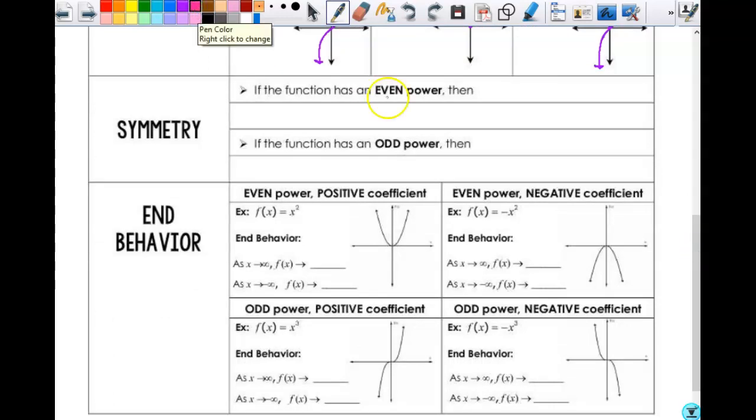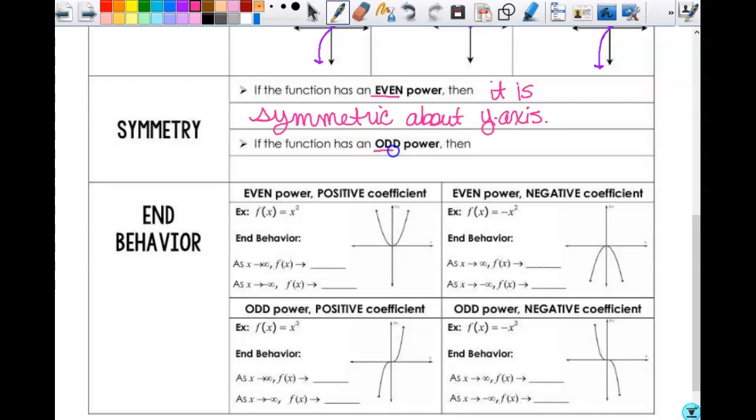So if the function has an even power, then it is symmetric about the y-axis. That's a little different terminology than we talked about before. I was saying it's symmetric with respect to the y-axis. This means the same thing, but I'm using different terminology so you understand it can be said differently and we mean the exact same thing.